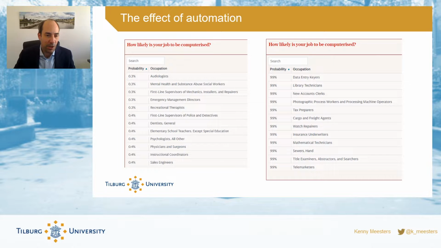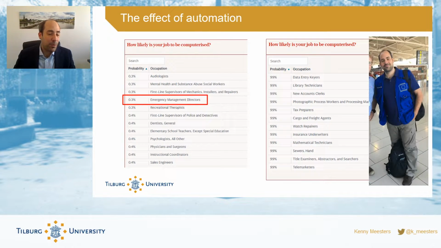This is from research from last year that has shown that those jobs will likely disappear in a few months. A good thing for me, though, is that when you look at the low probabilities, emergency managers are still one of the few jobs that will likely not be computerized.